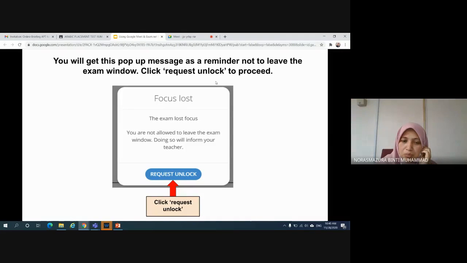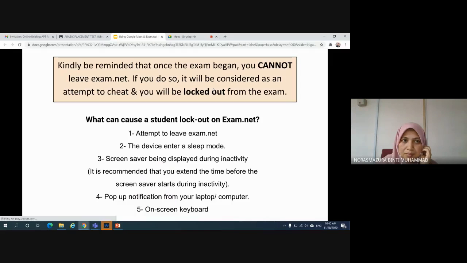Without the reason, we will not allow you to access. This is very important. That's why I ask you to use the computer only to access the question.